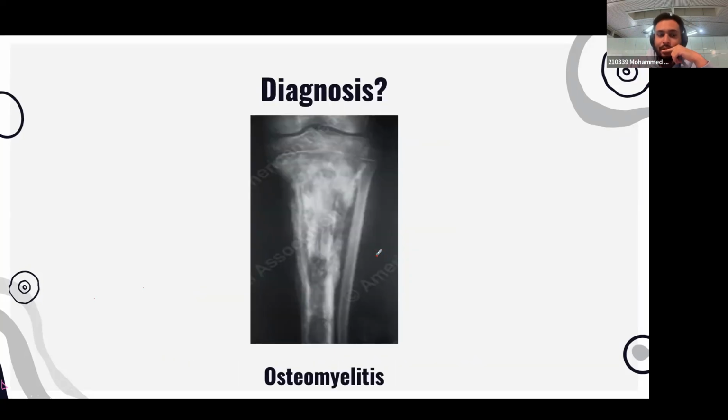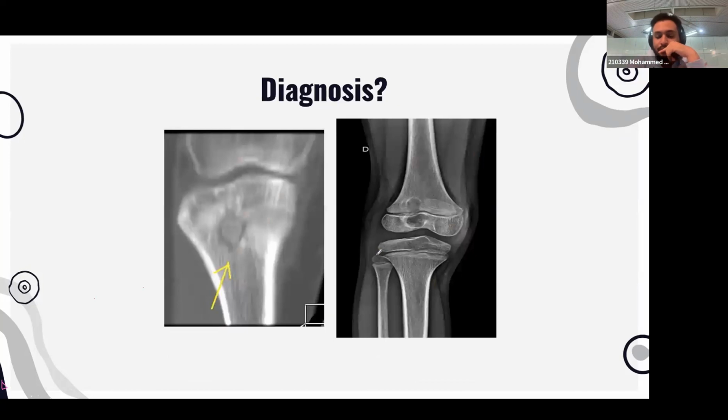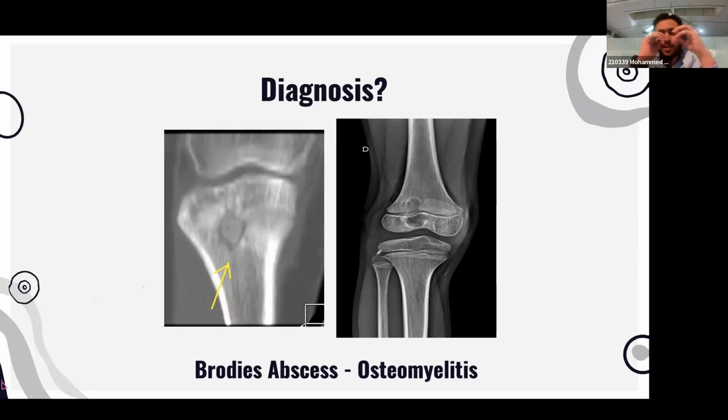Now this next picture, I want you guys to tell me what this is. Brodie's abscess. Okay, it's another finding you see in osteomyelitis. Funny story, last year I found out that this existed literally a day or two before the exam, and it came up in our exam.